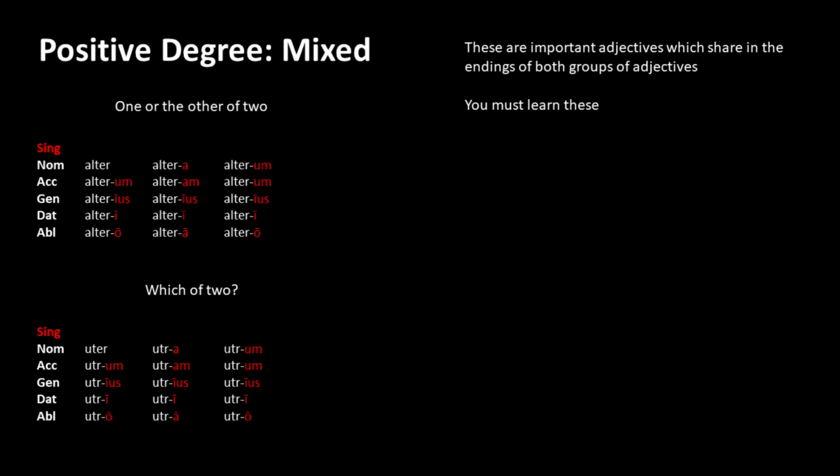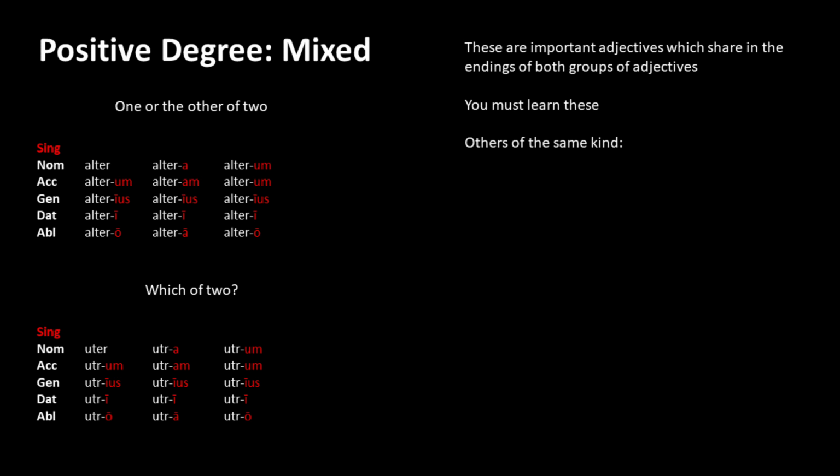I don't often recommend learning, but sometimes it is useful and sometimes it is essential, and I do suggest that you should learn alter, altera, alterum, and then you should be aware of those other adjectives, the ones following, that show the same pattern.